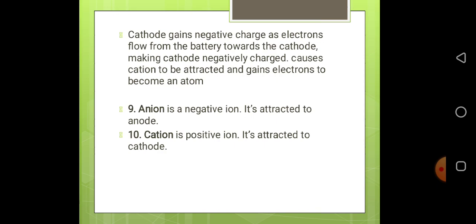So negative ions are attracted by the anode, while positive ions are attracted by the cathode, which is negatively charged.